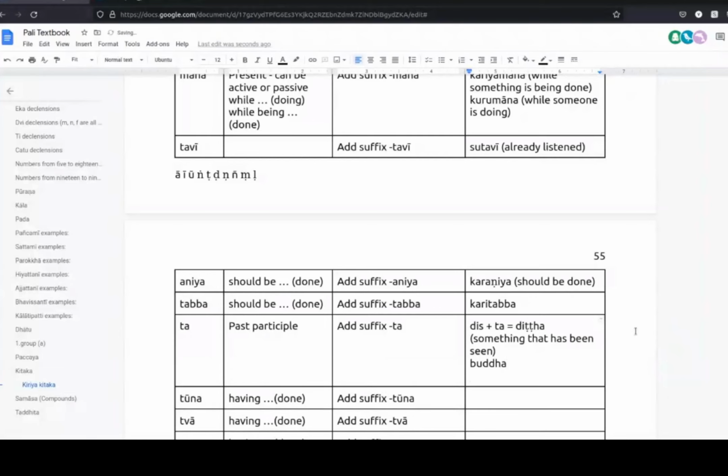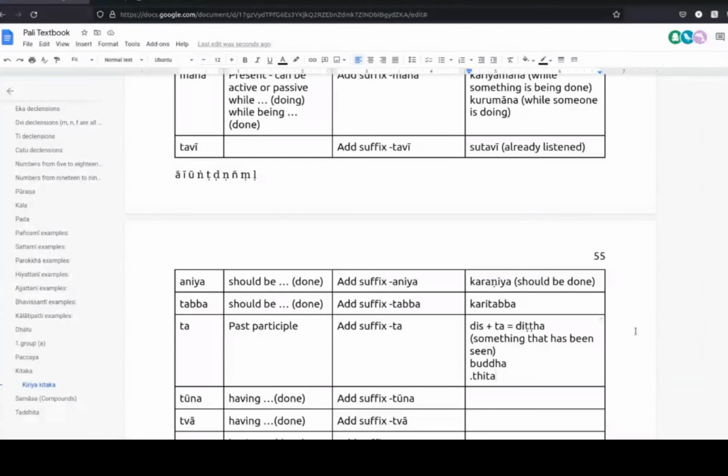Like if someone is sitting down, no, someone is, sorry, what's a good one? Standing. Standing is tito. Ta plus ta becomes tita because it's kind of irregular, I think. Tita means someone who is standing, but it's literally someone who stood, who is stood maybe.